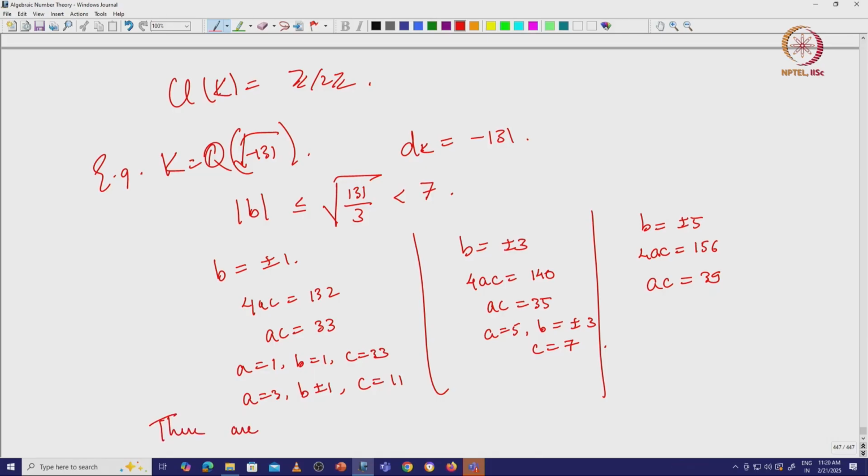Which means that there are 1, 2, 3, 4, 5, exactly 5 reduced binary quadratic forms of discriminant minus 131, and so the ideal class group is isomorphic to Z mod 5Z.